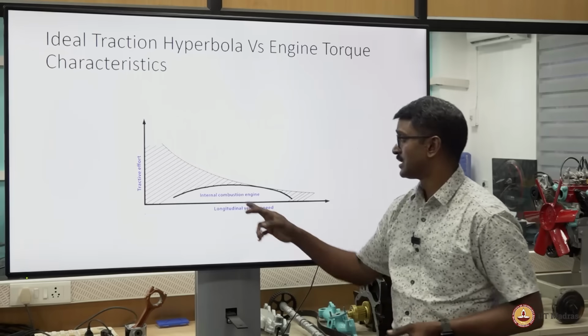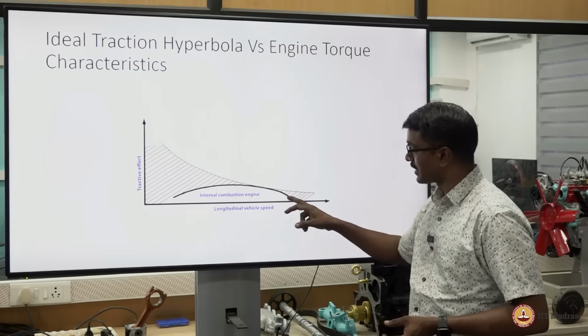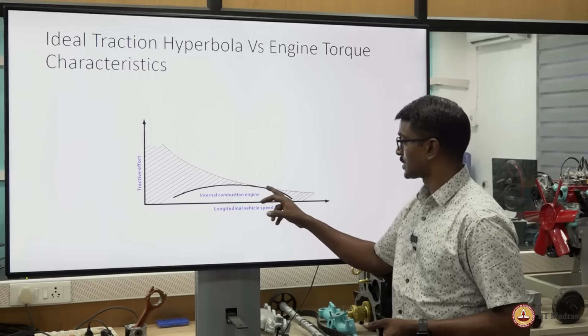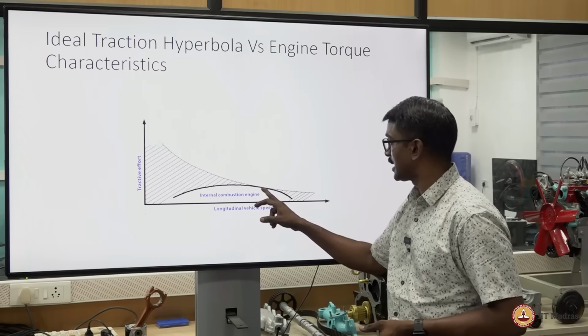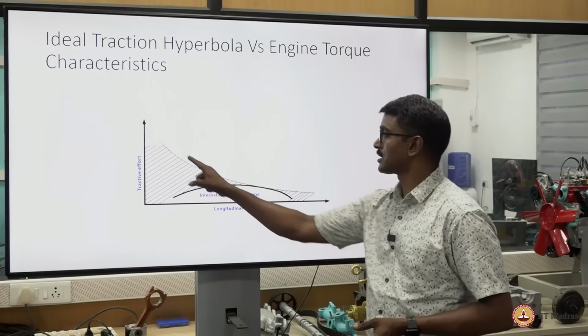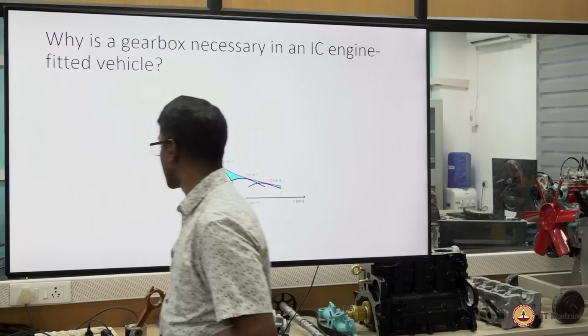As a comparison, this is the ideal traction hyperbola, and this is the typical engine torque characteristic curve. As you see, the engine torque meets the ideal traction hyperbola only in a small region. These are the mismatches. This is where the gearbox comes into the picture.